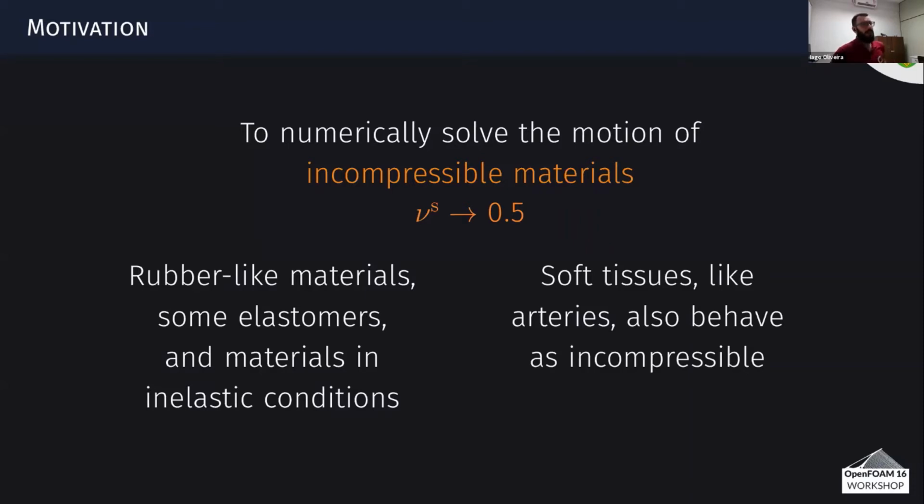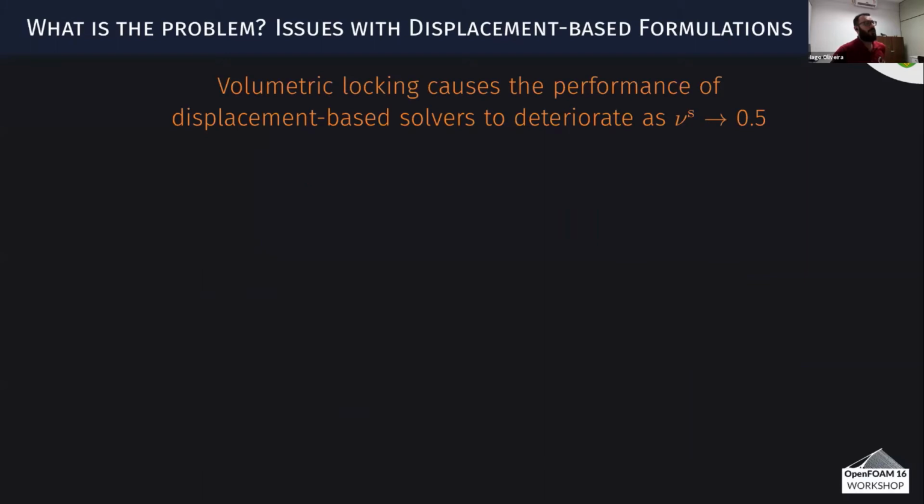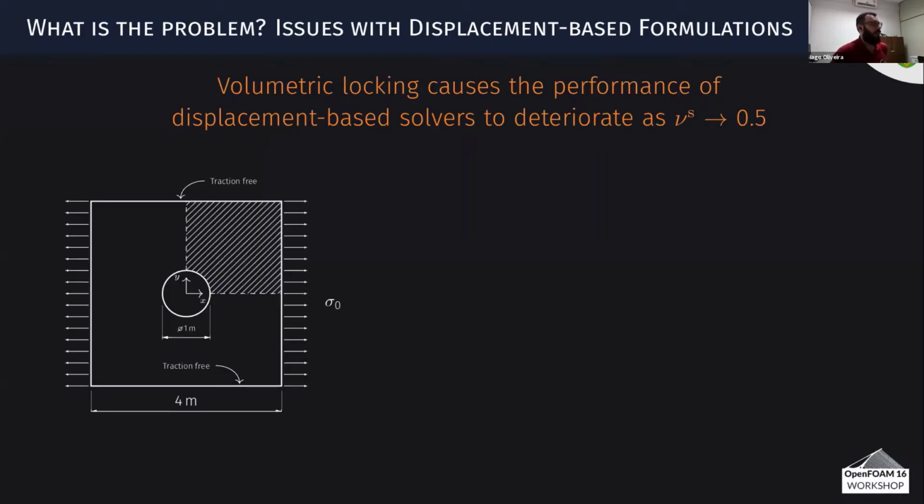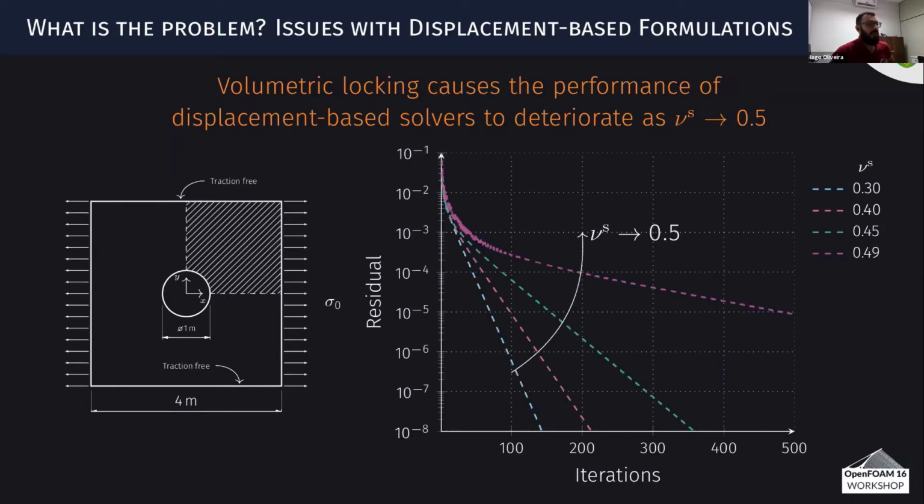What are the main problems when numerically solving the motion of these materials? One of them is volumetric locking, which causes the deterioration of the performance of classical solvers based on a displacement formulation. For example, in this benchmark of a plate with a hole loaded axially, simulated with a displacement-based solver, we get this convergence behavior as the Poisson coefficient goes to 0.5.